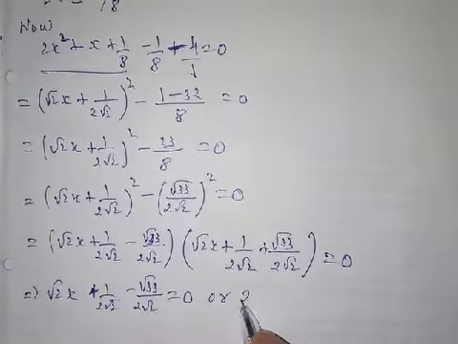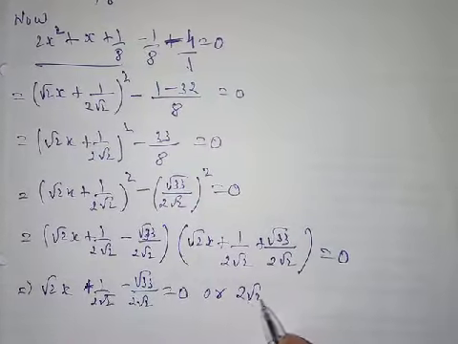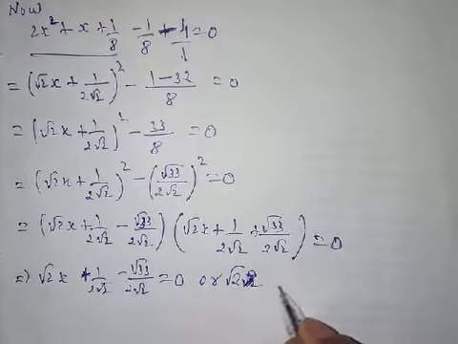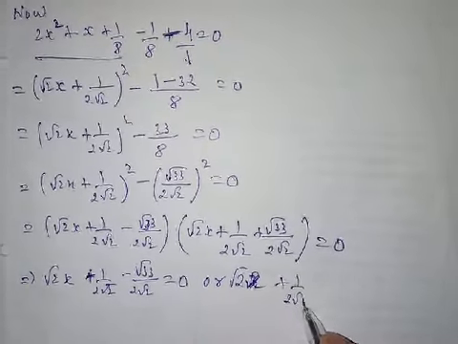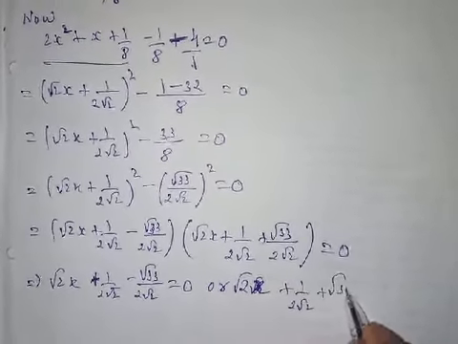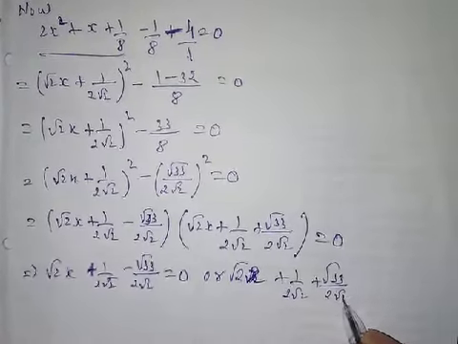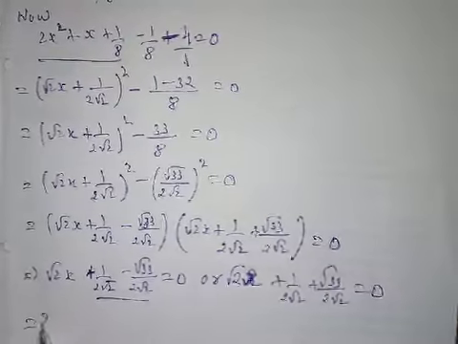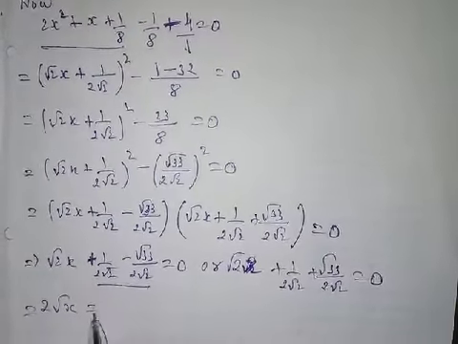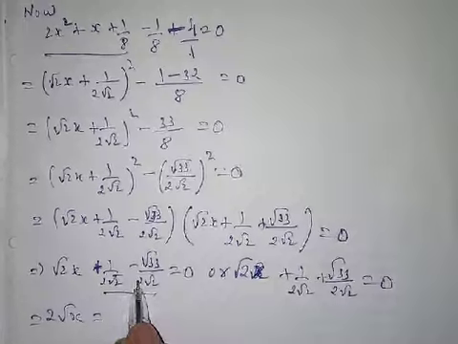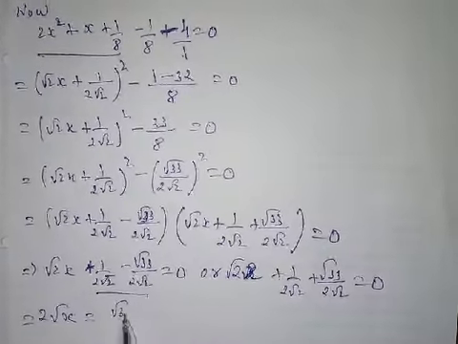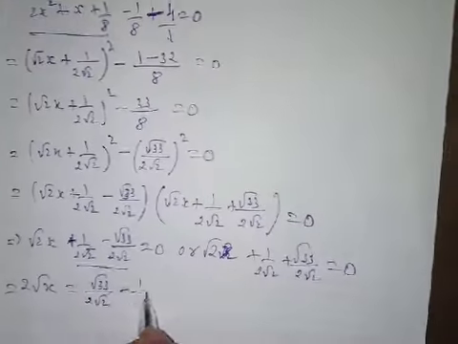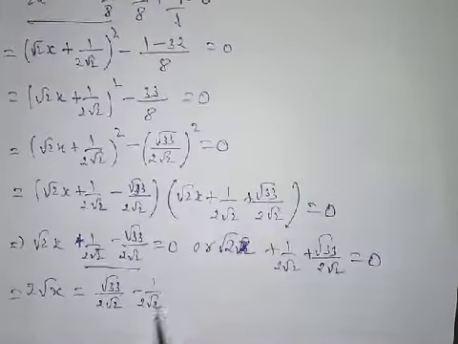Or this is also equal to root 2x plus 1 by 2 root 2 plus root 33 upon 2 root 2 is equal to 0. This will move on that side. So 2 root 2x is equal to, this will be positive, so it will be written root 33 upon 2 root 2 first. This will be minus, so minus 1 upon 2 root 2.